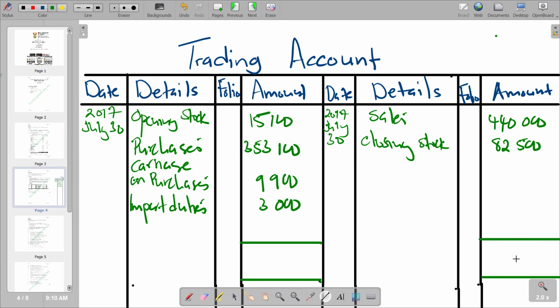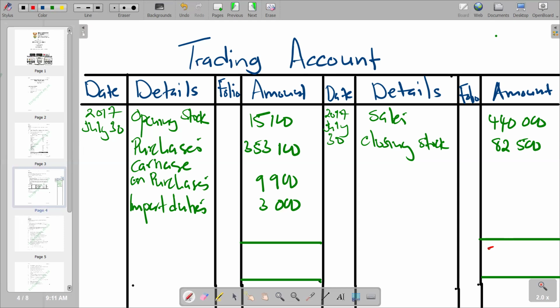So we try to add the total of the debit and also total of the credit, and we see which one is the greater total. But if we add the total of debit and credit, we're going to see that our credit side is a greater total of 522,500, which should come in between the double lines, both sides.